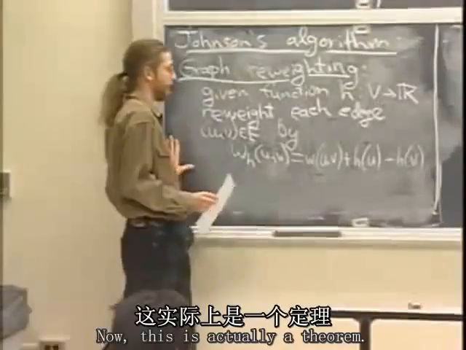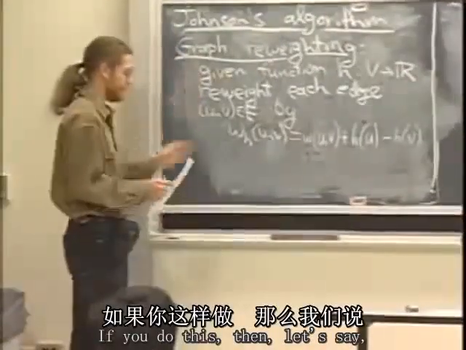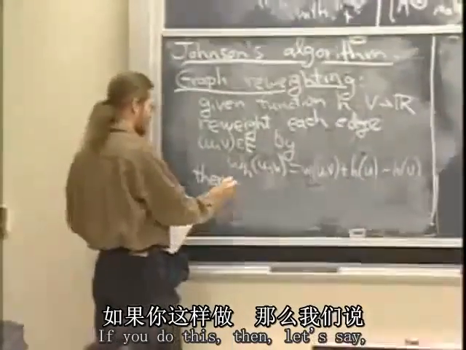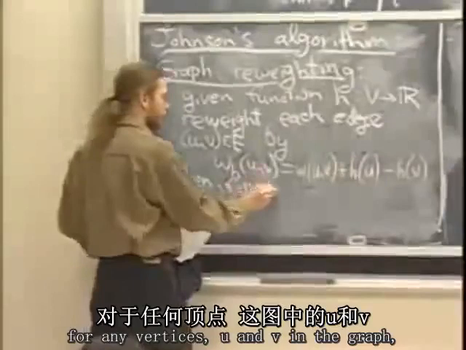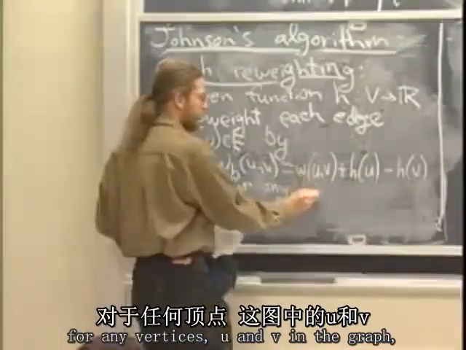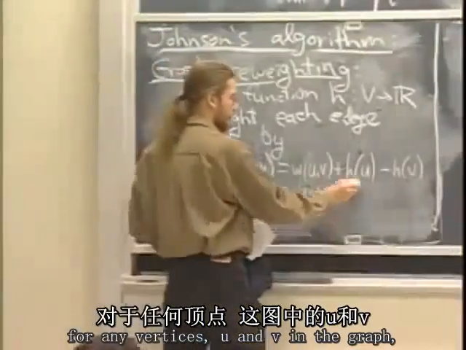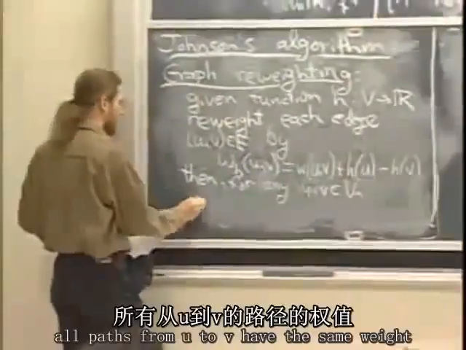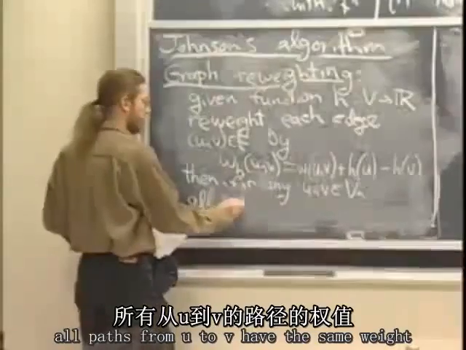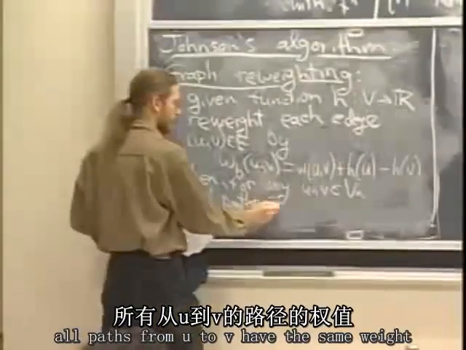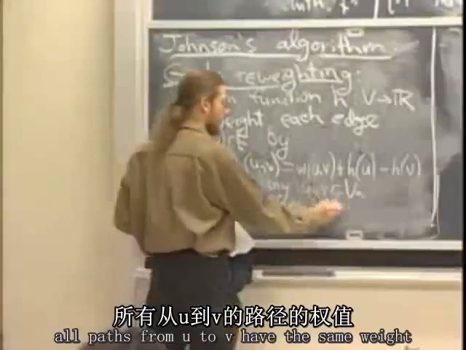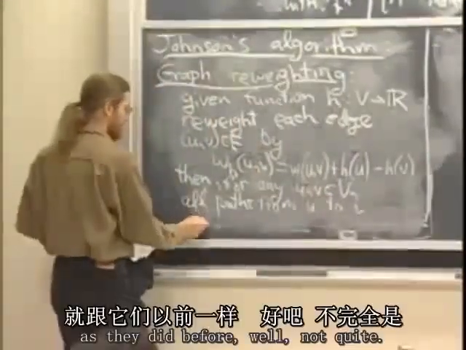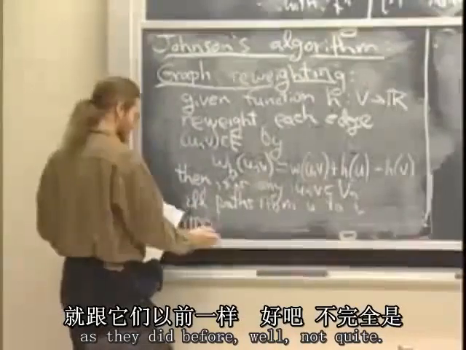Now, this is actually a theorem. If you do this, then, let's say for any vertices U and V in the graph, for any two vertices, all paths from U to V have the same weight as they did before. Well, not quite.